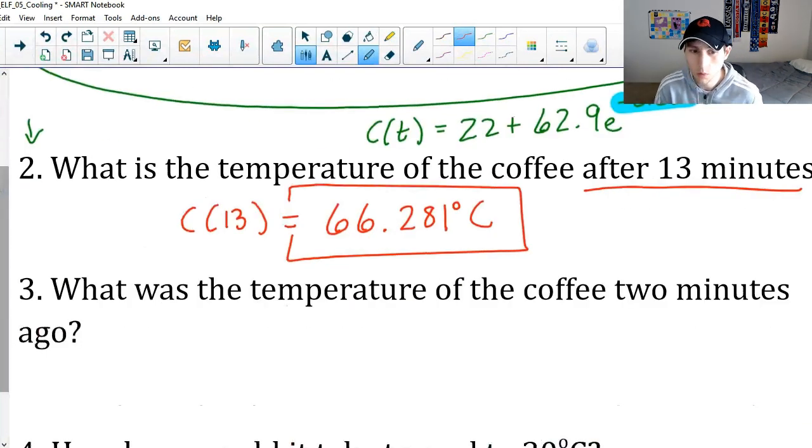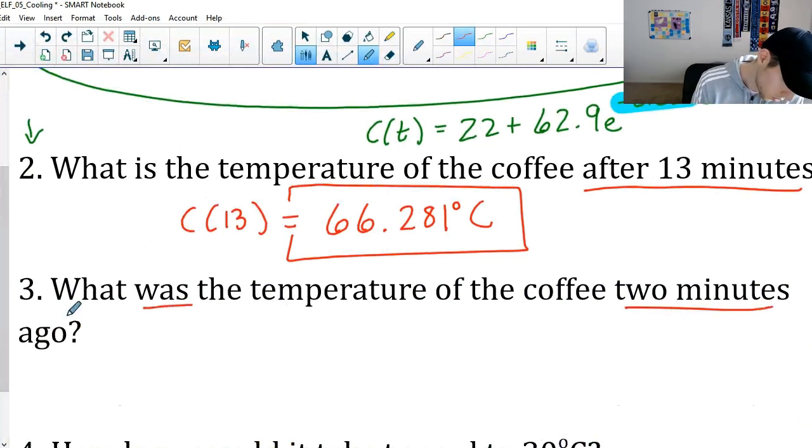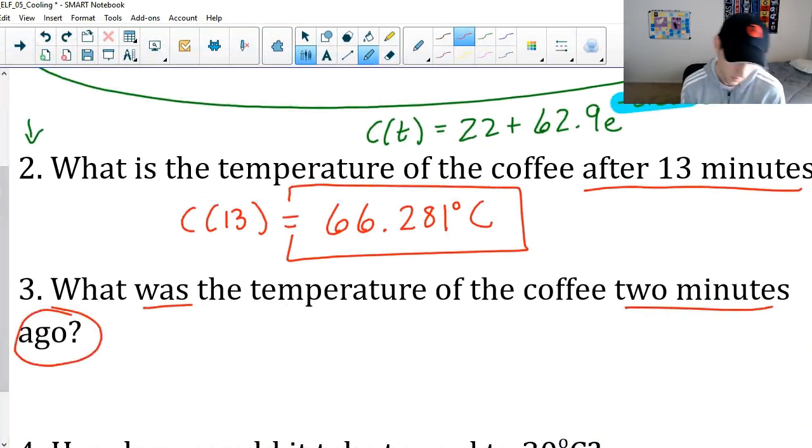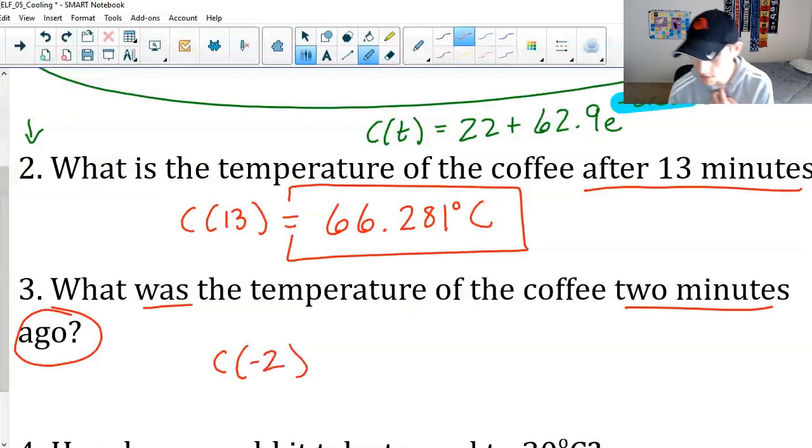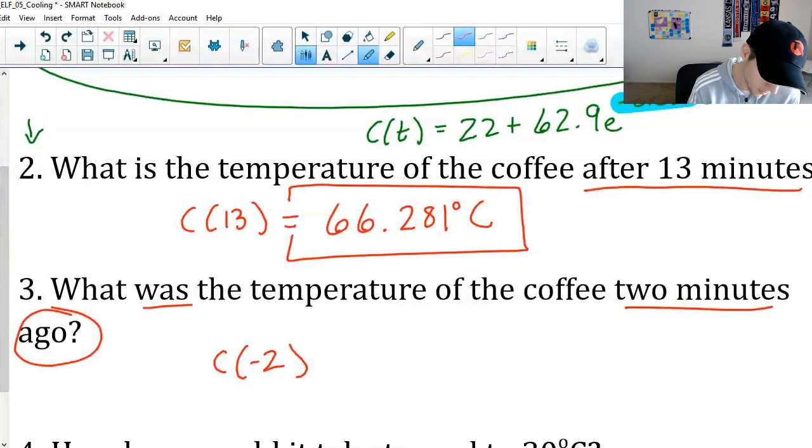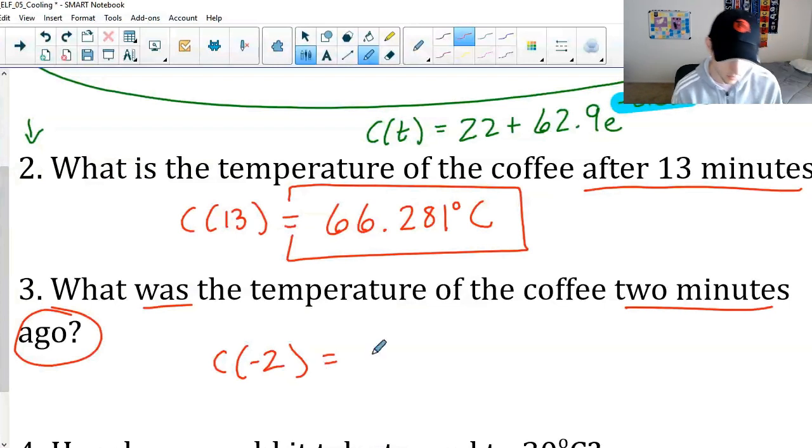Number 3, what was the temperature of the coffee 2 minutes ago? So remember, the way that we represent that whenever we substitute it into our equation is with a negative 2. So I take my equation, I plug in negative 2.